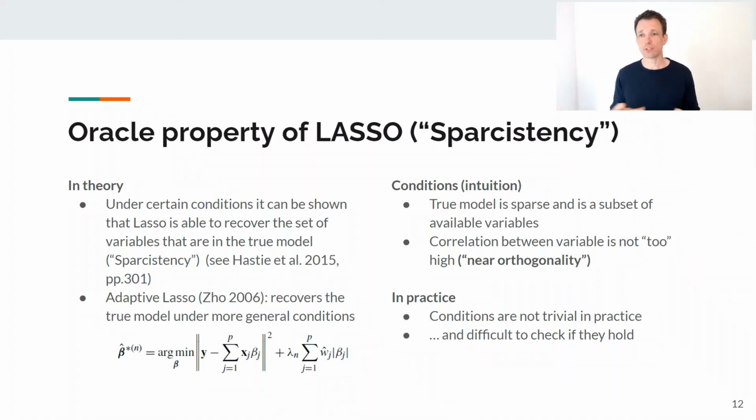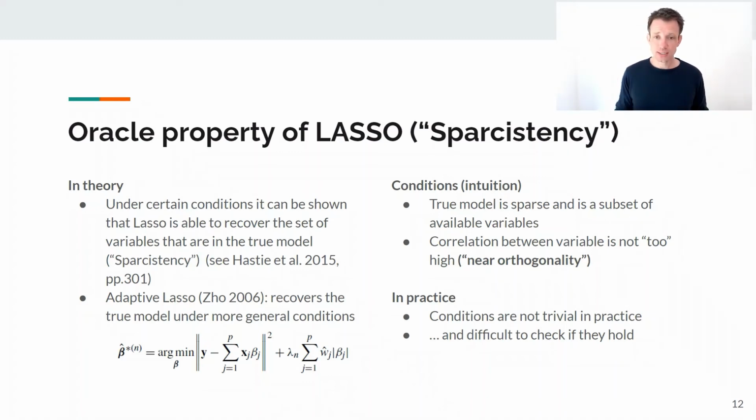If you only have a small set of variables to begin with, then you don't really need Lasso to do model selection. So you would rather use Lasso in a setting with a large number of variables, and in those settings it's very likely that you have high correlation between your variables. So that is a problem.